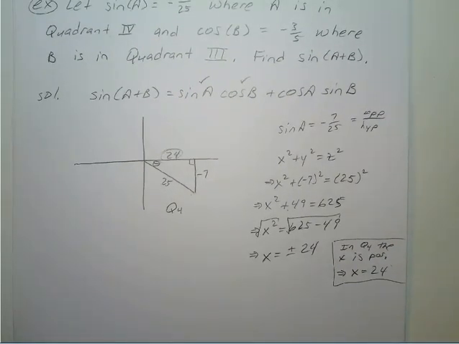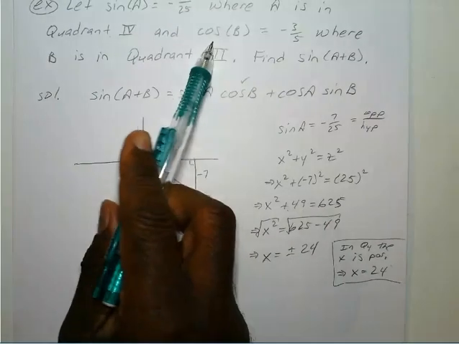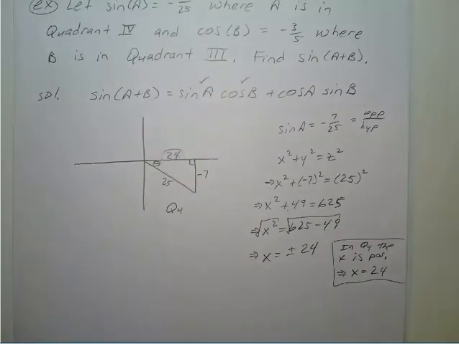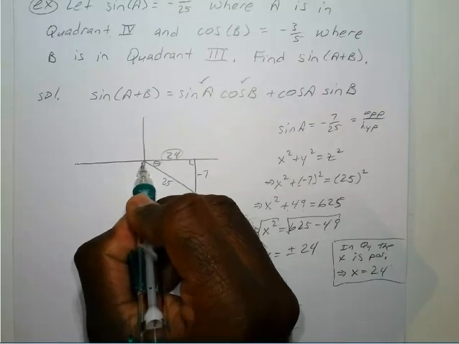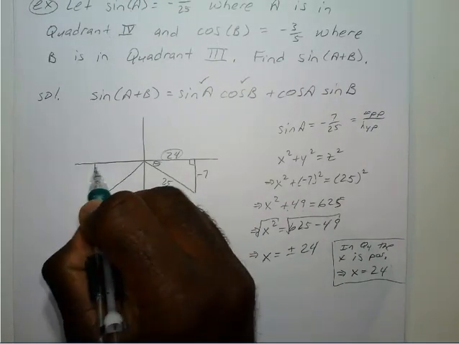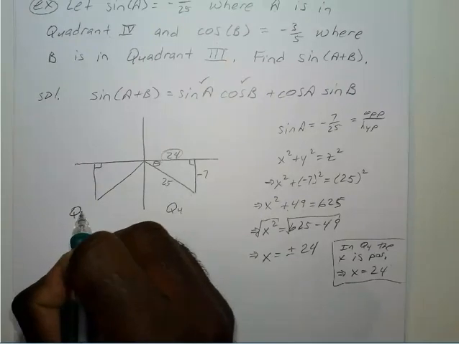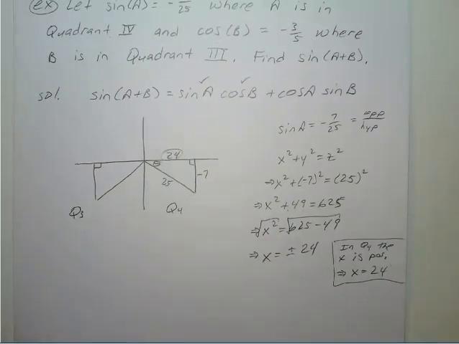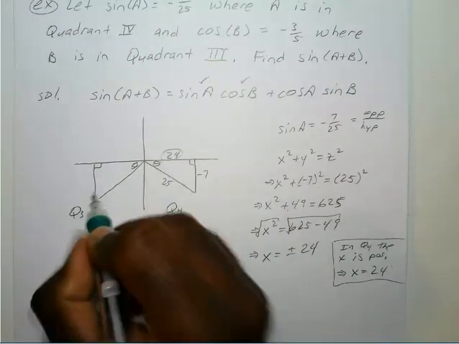Okay, now we also know that cosine of B is equal to negative 3 over 5, where B is in quadrant 3. So we do the exact same thing in quadrant 3, where this is our theta.